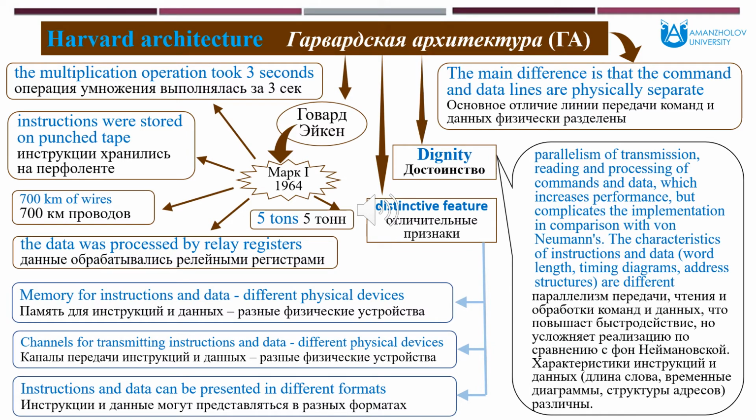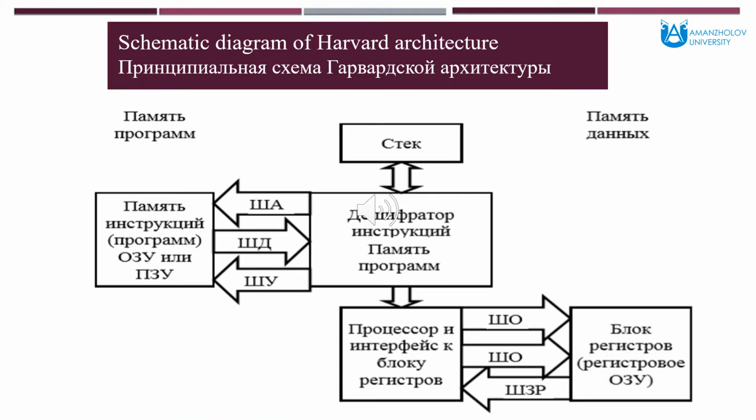Distinctive features: memory for instructions and data, different physical devices. Channels for transmitting instructions and data, different physical devices. Instructions and data can be presented in different formats. Schematic diagram of Harvard architecture.